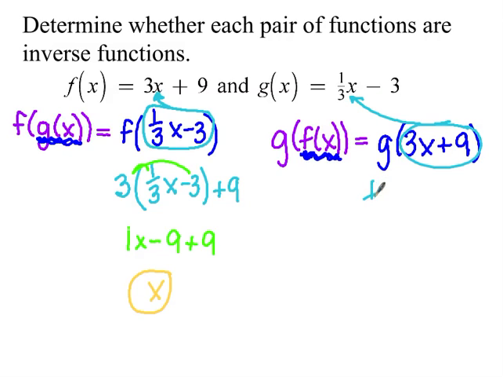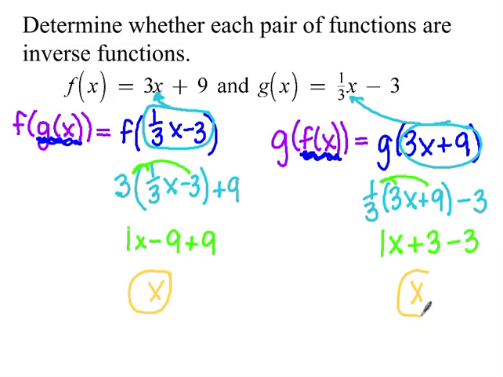So I've got 1/3 times 3x plus 9 minus 3. So what do you need to do? Distribute. And what do you get? 1x plus 3 minus 3, and there you go. You've shown they're inverses. That's all you need to do. Questions on that?